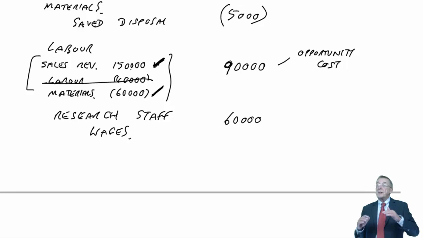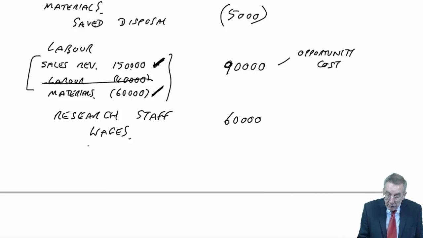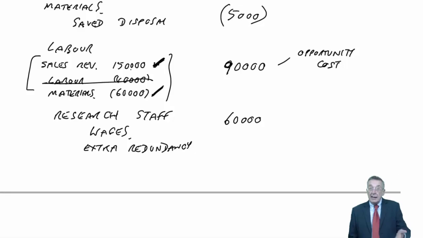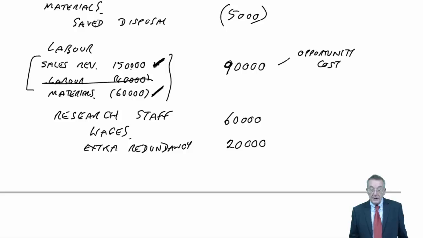Well, again, we're interested in the extra cost of going ahead with the contract. And so the relevant cost is the extra redundancy pay. We're paying 15 if we went now, but it's 35 if we go in a year. So to continue, it'll cost us an extra 20,000.